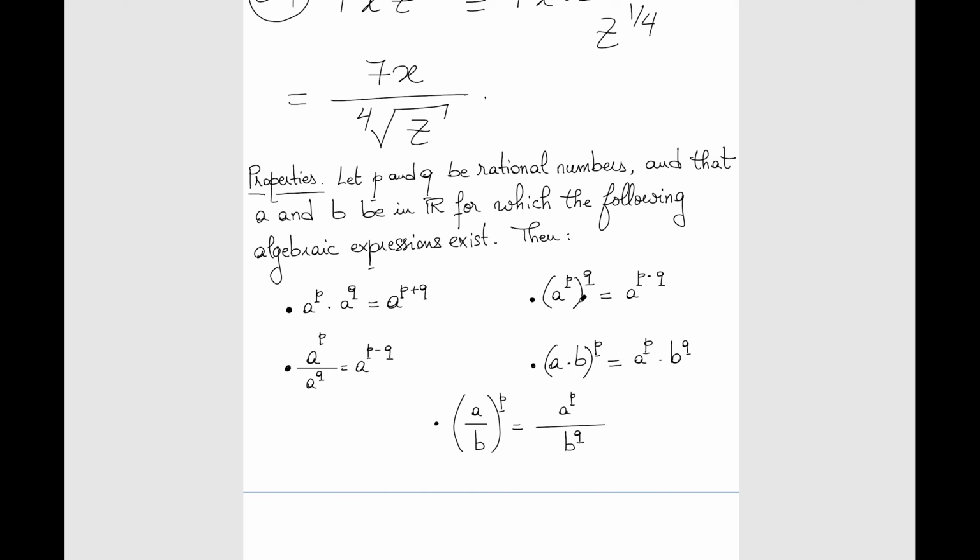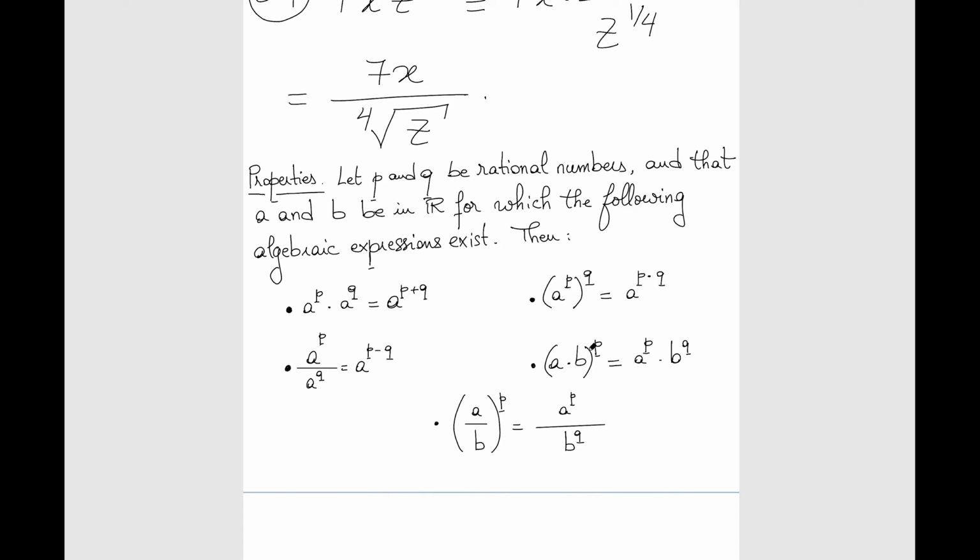And now the third property, which is taking the power of an exponential expression. You keep the base and you multiply this time the powers.